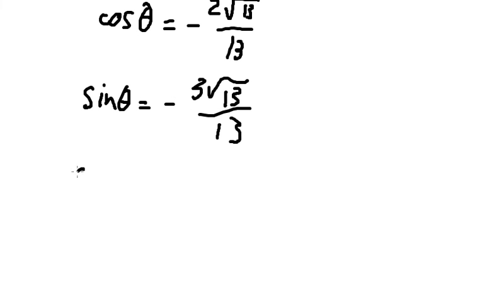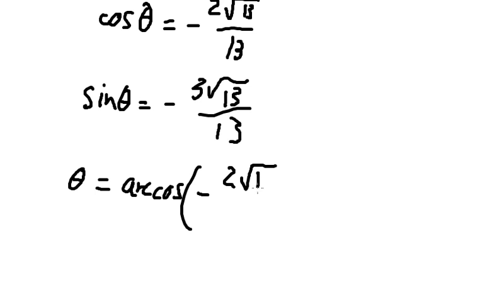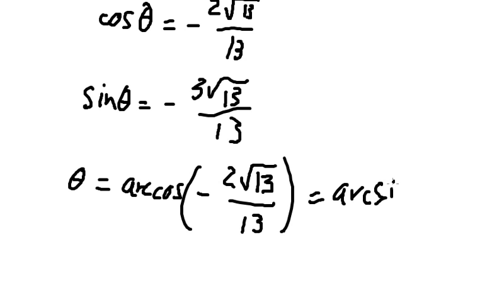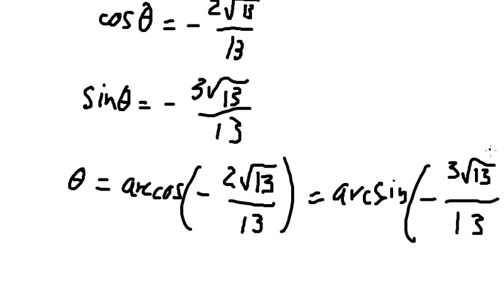And now we need to find theta, that is about a cosine of negative number 2 with the square root of number 13 over 13, or maybe equal to a sine of negative number 3 with the square root of number 13 over 13.